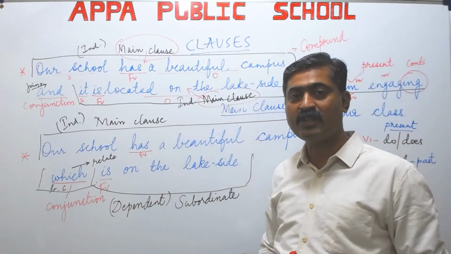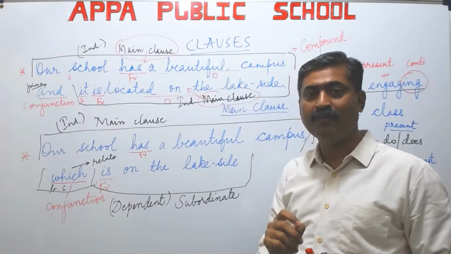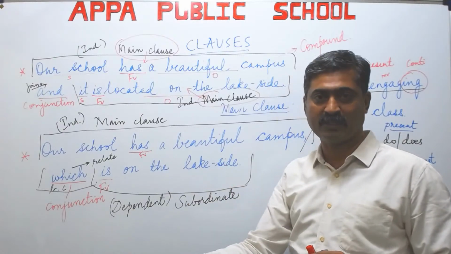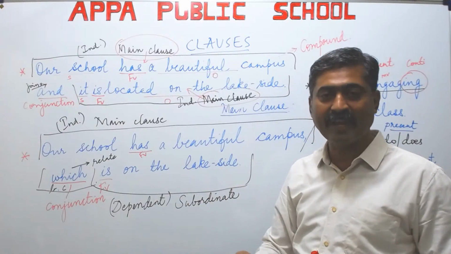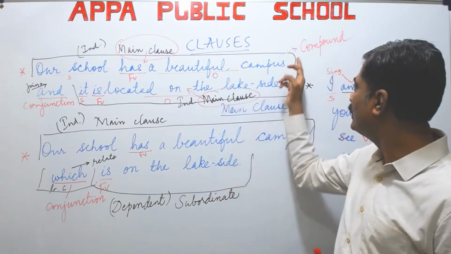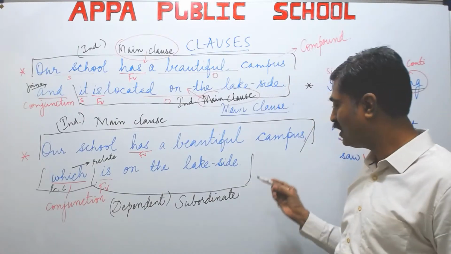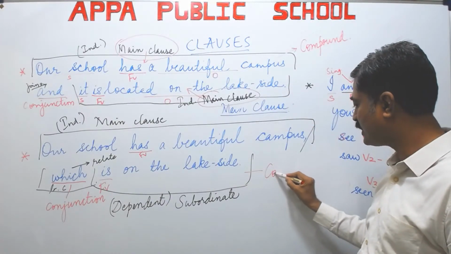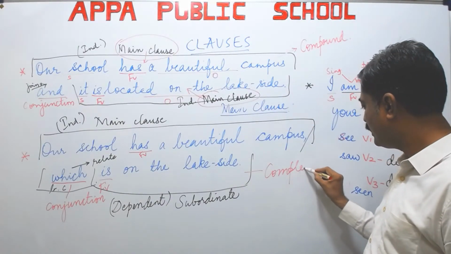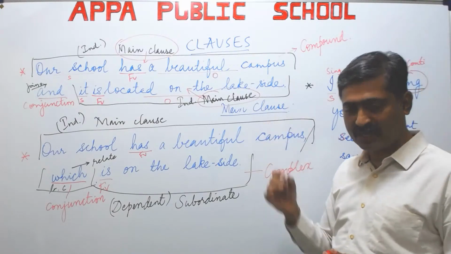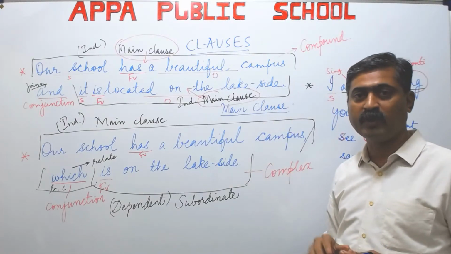So a composition of a main clause with any number of subordinate clauses in it will make a complex sentence. So this is a compound sentence and this is a complex sentence. Okay, and the earlier example, which right now is not visible on the board, it was wiped out.